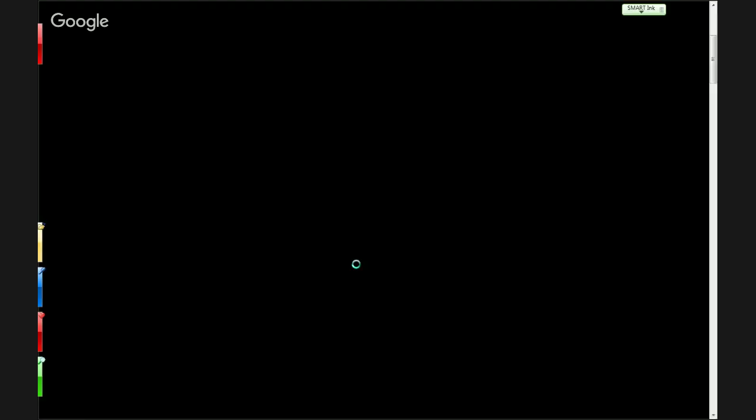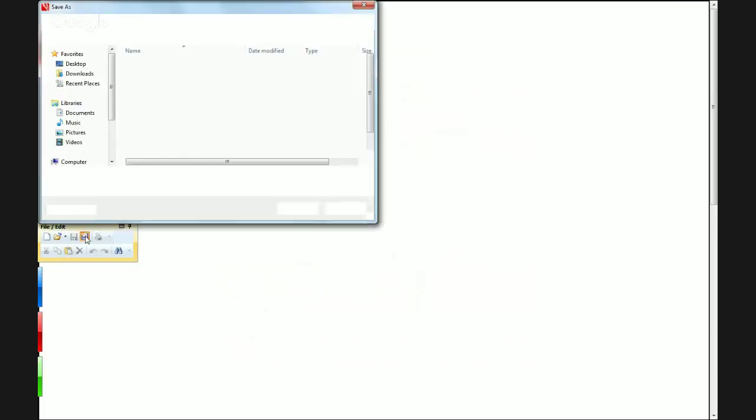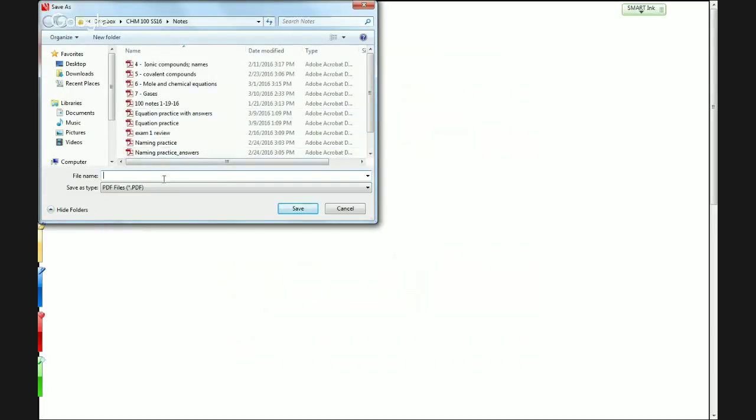Okay, let's look at a new sheet here. All right, solutions. Now this is something you kind of know about already because we've been using them in lab.